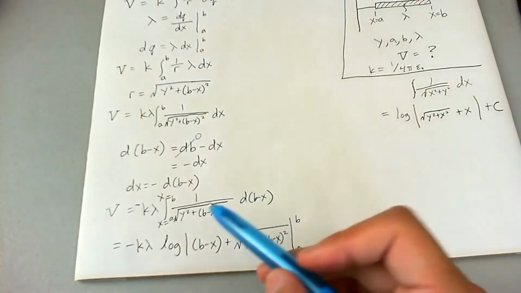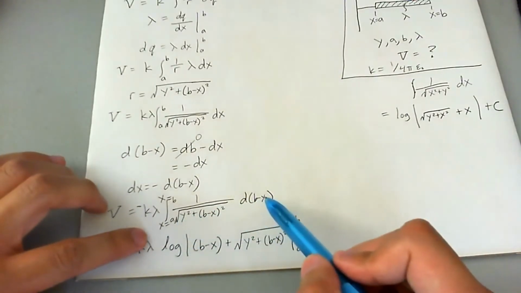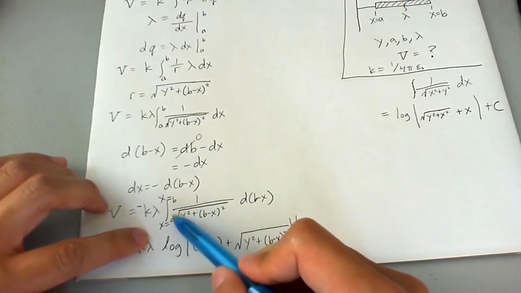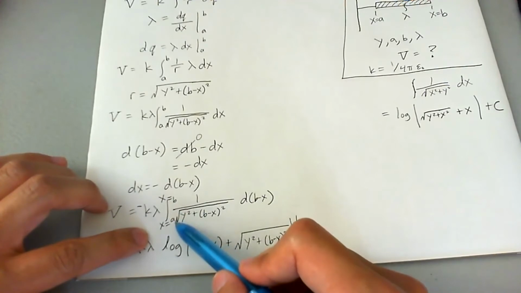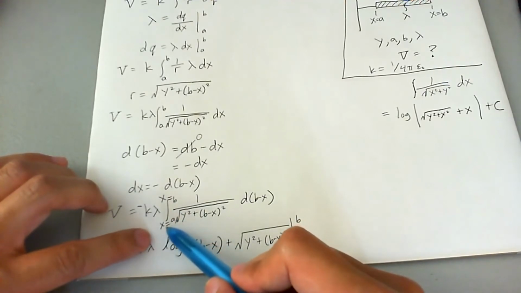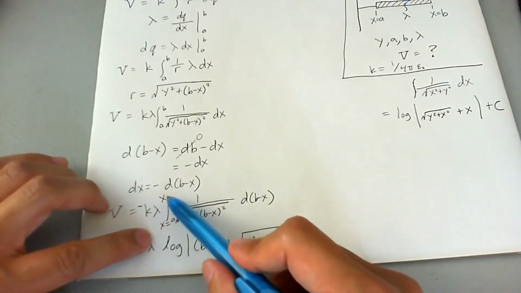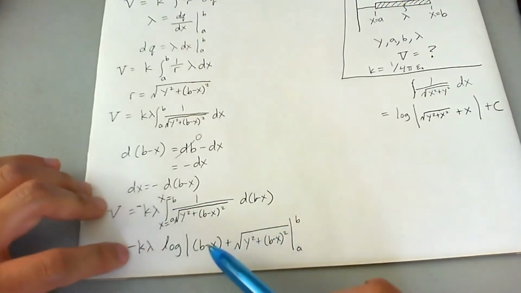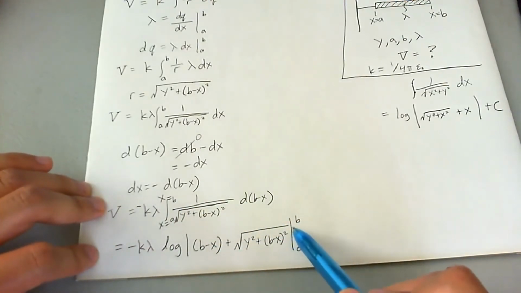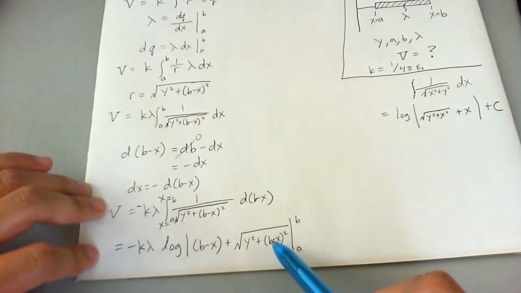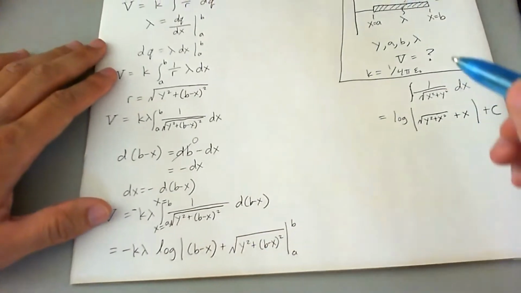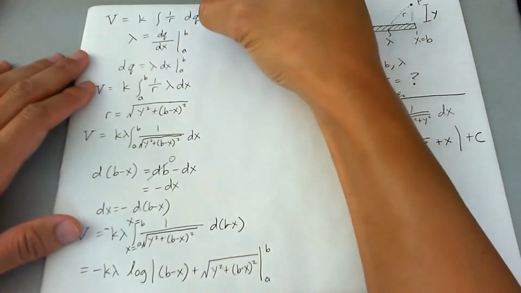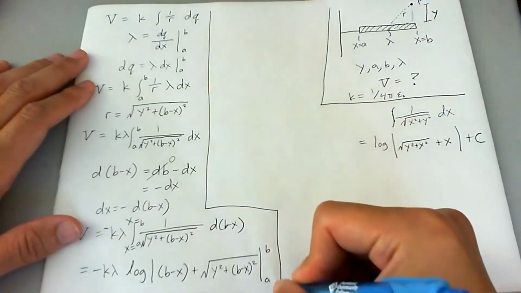You can already see there was a potential mistake over here, because once we did a variable change, I needed to change the limits of integration. However, I specified that x will go from a to b. So in this solution, only x will go from a to b, not b minus x, just x. So let's go ahead and do that. We're going to separate this a little bit.